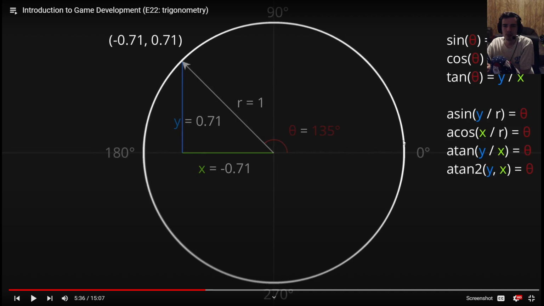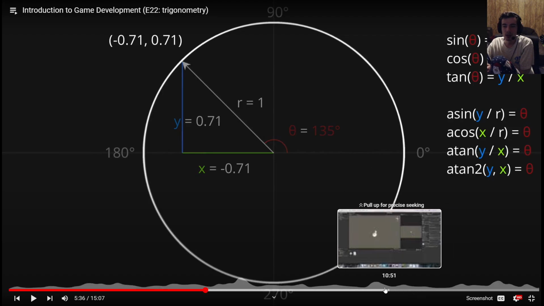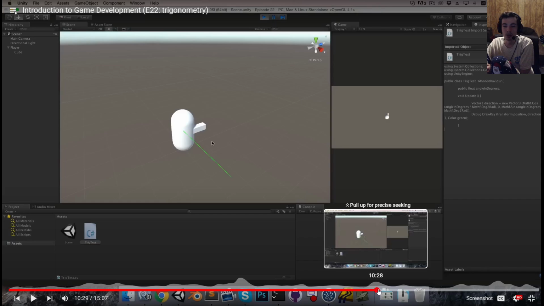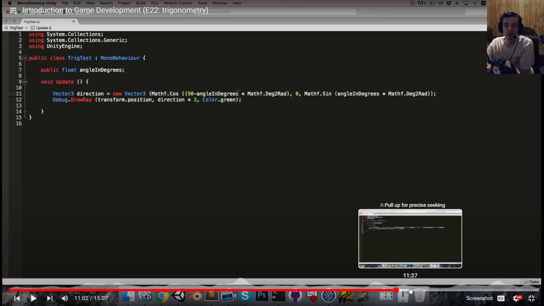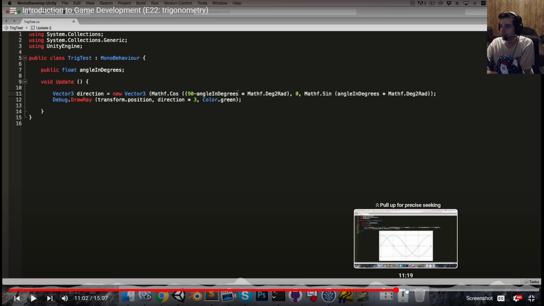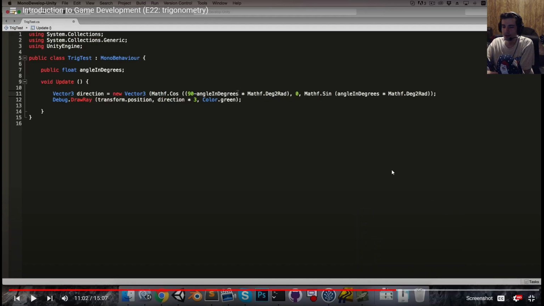Is there a reverse tangent? Okay, either way I was wrong. I'm not going to look that up. It doesn't really matter.